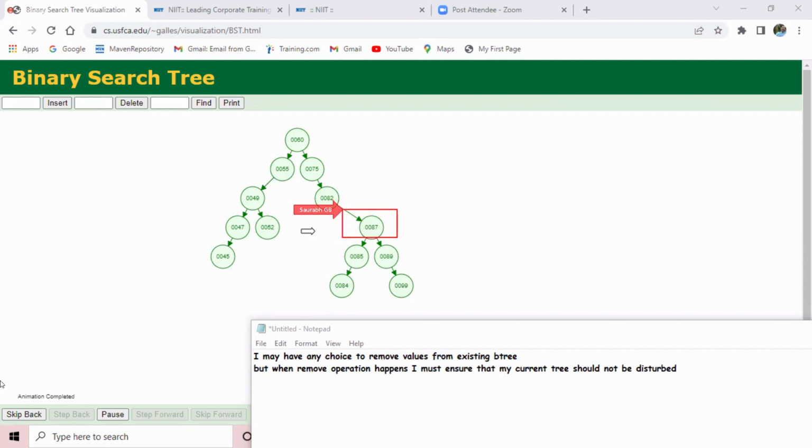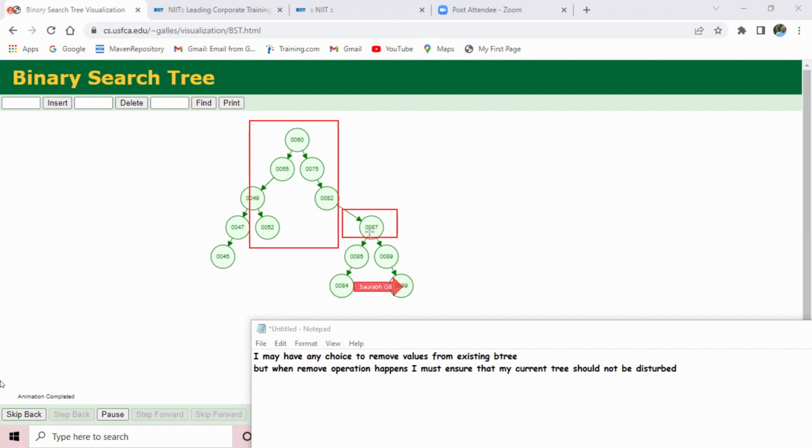So the edge should not be disconnected. The rest of the children should be intact over here, not disconnected from the tree because I am deleting this. So first and foremost, whenever I am deleting any node, it should not disturb the communication between the other nodes. They should be intact.